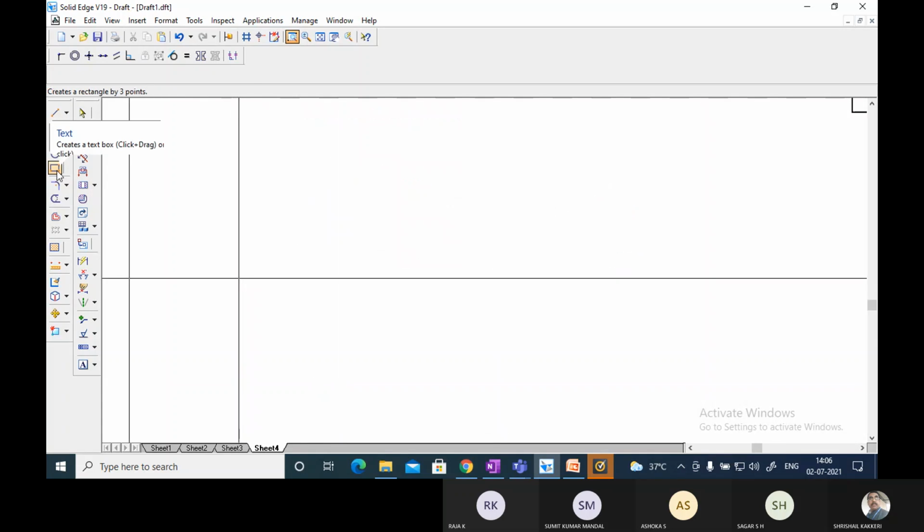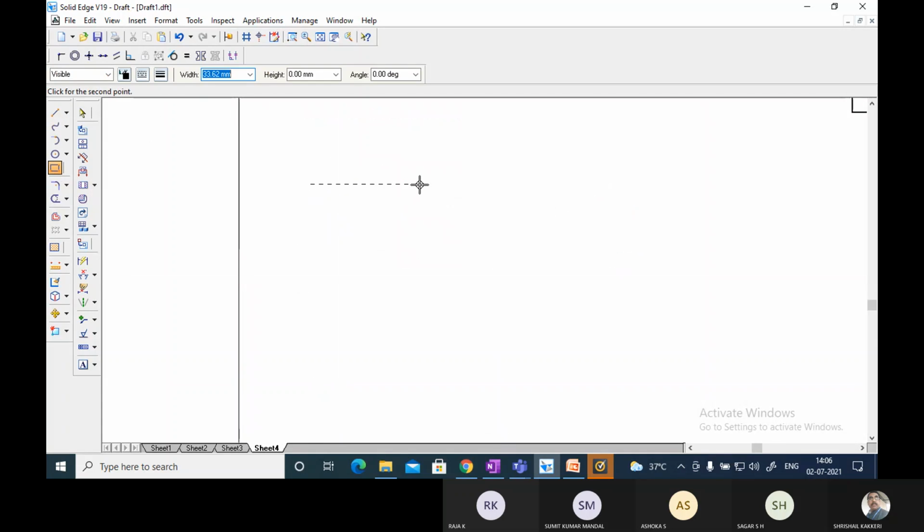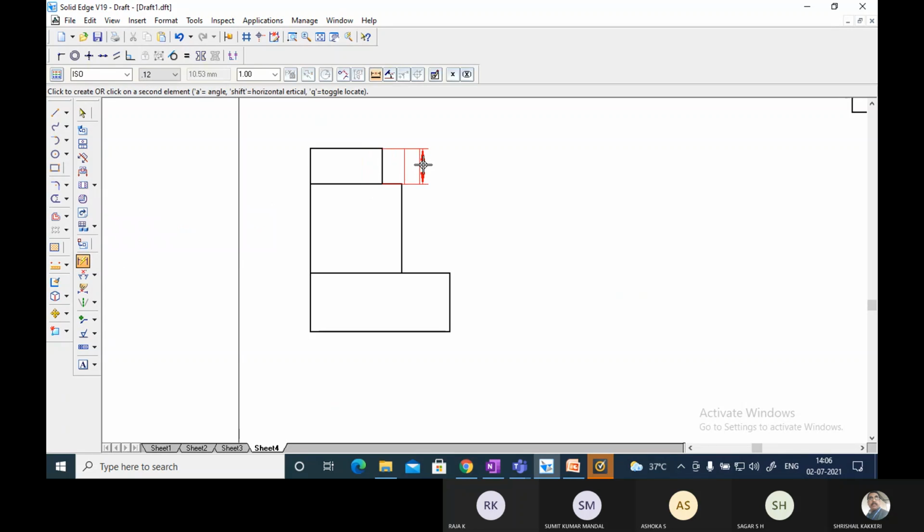The dimensioning method is also very, very important. Please look here. Okay, this is the part. I can do the dimensioning like this. Is it possible to do?